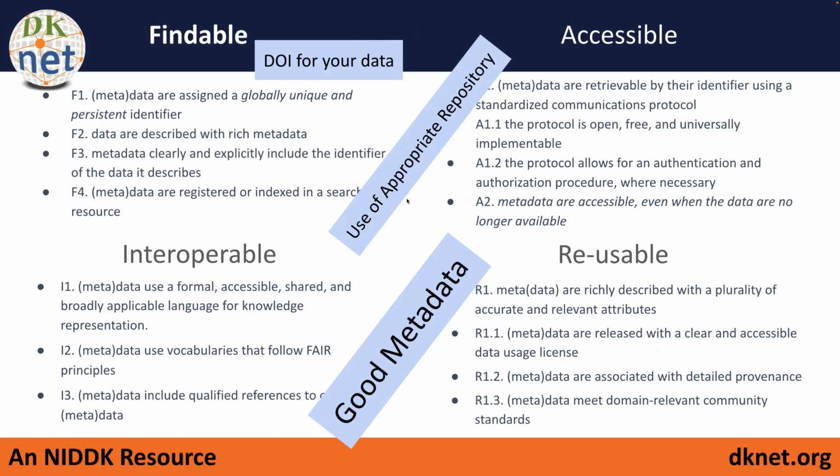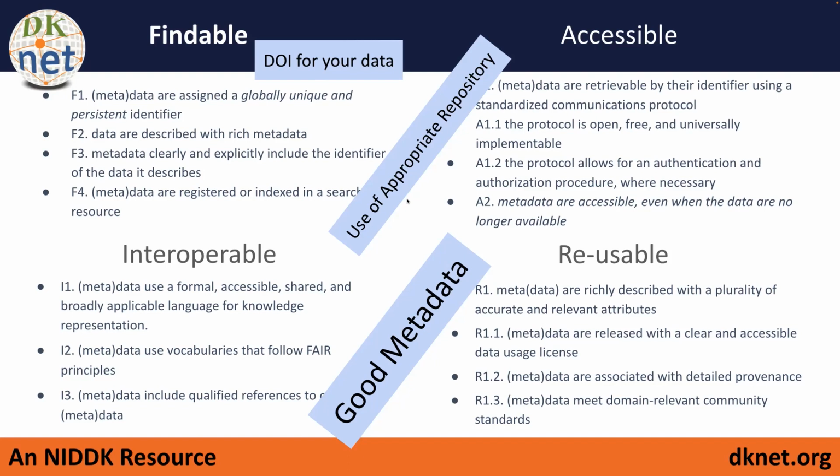And so when one looks at these four principles, the findable, again, I mentioned the DOI. These are things that are provided by an appropriate repository. So they'll give you the globally unique persistent identifier. They'll make sure that the metadata is associated with the data. They'll have protocols for authentication, authorization if necessary, and also for access to the data.